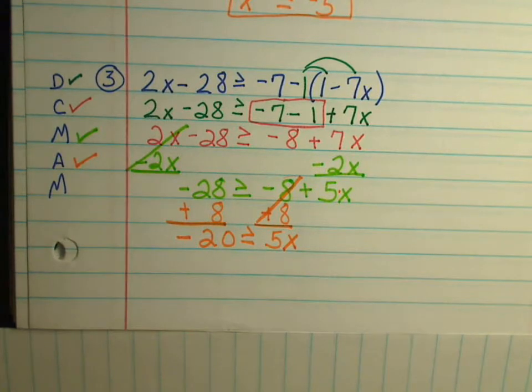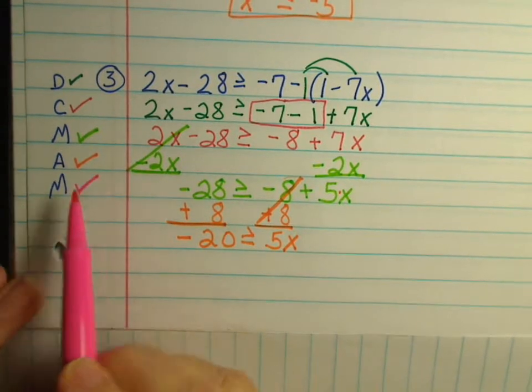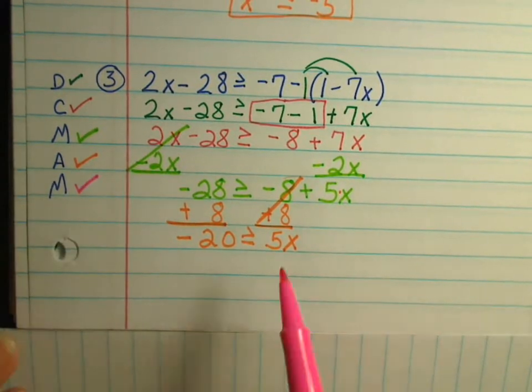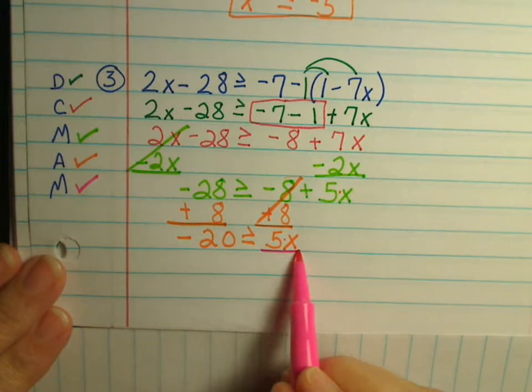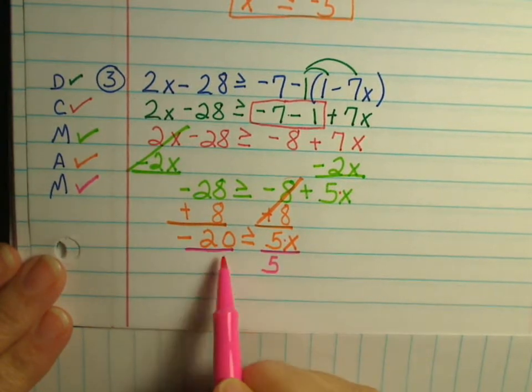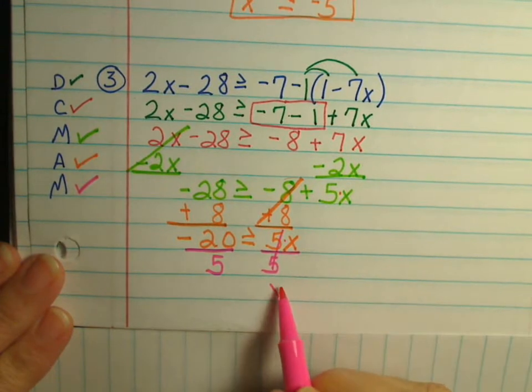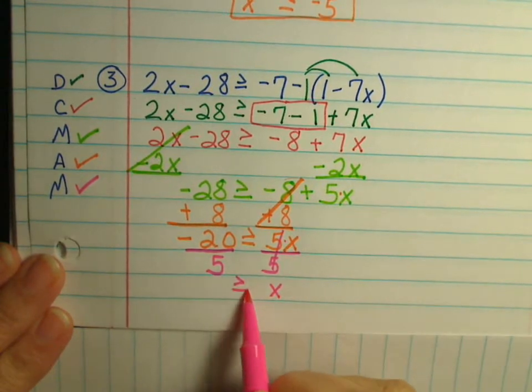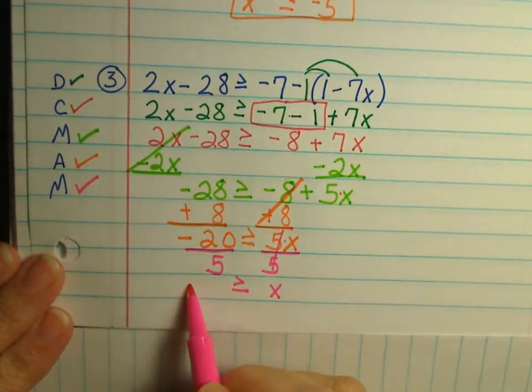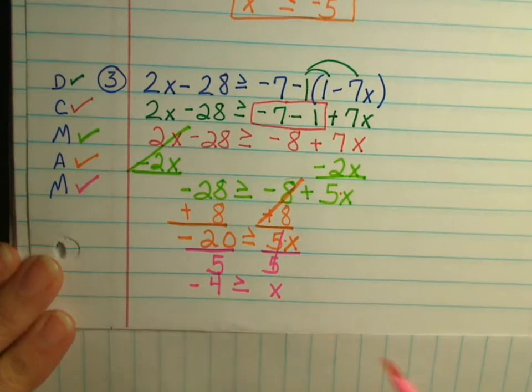And my last step here is to do the inverse of multiplication or division. This is multiplication, so I'm going to divide both sides by 5. Those cancel, giving me x. And then a negative 20 divided by 5 is a negative 4.